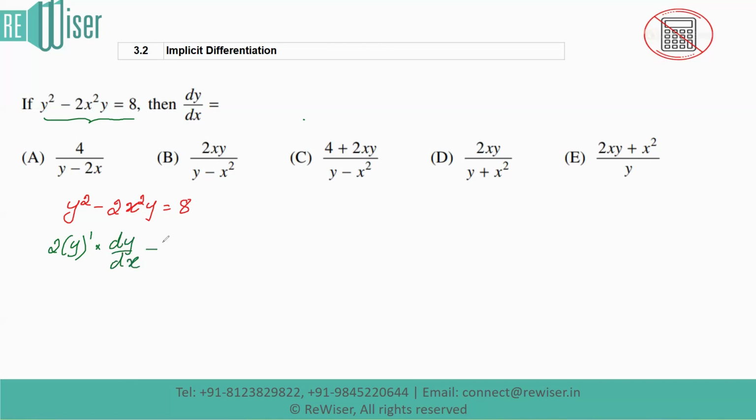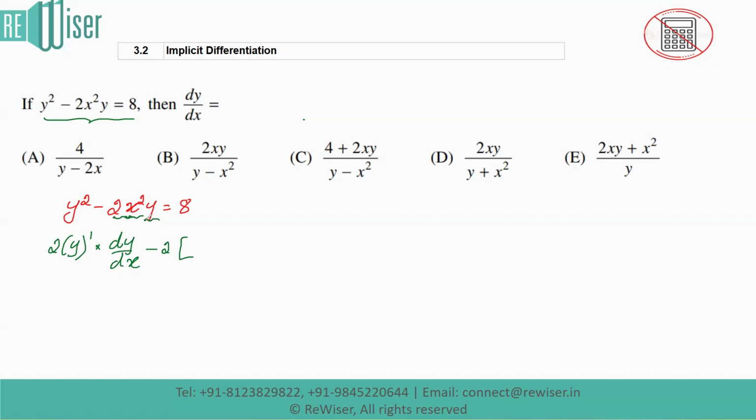Then minus, and here we have a product of two terms. Whenever we have a product of two terms, we need to apply the product rule. The product rule goes something like this. I'm going to take this minus 2 common out, so I'll just have x squared times y.